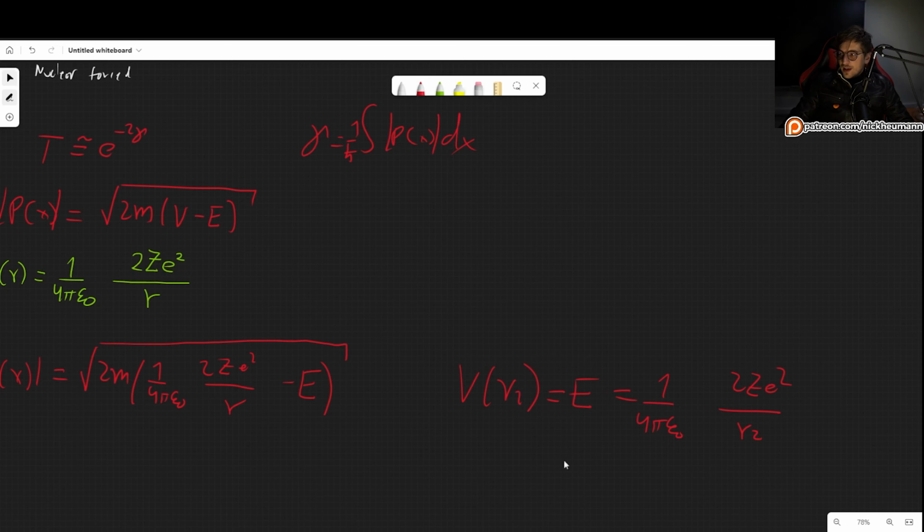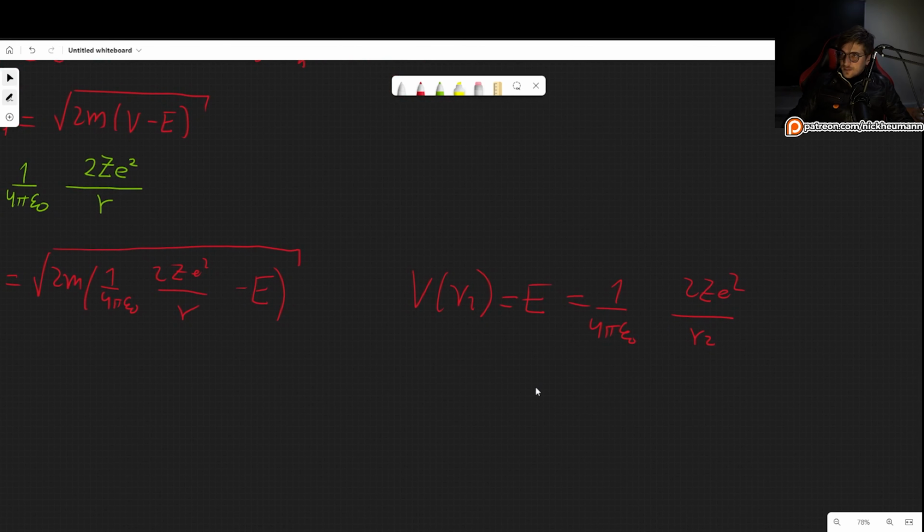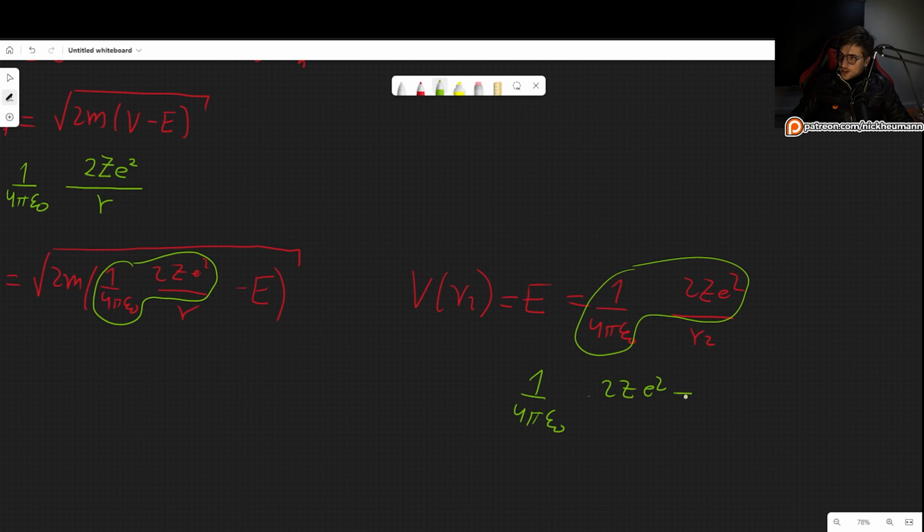So basically the exact same thing. And notice that we have this thing there and this thing there. So we can now solve for that thing, right? So 1 over 4 pi epsilon 0 times 2ze squared. This is the same as e times r2.